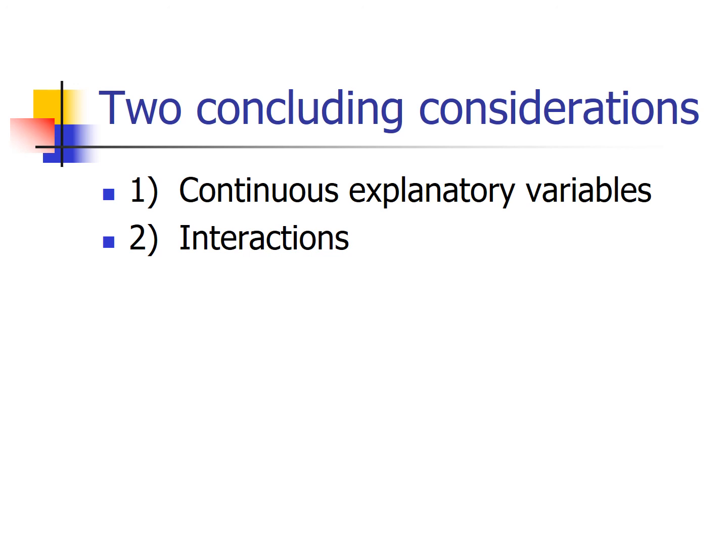And by doing that, we can use all of the cool stuff from 512 that we've already learned, such as model building principles, which tell us if a variable is not significant, get rid of it, but also tell us things like what interactions mean and how we can put those into our model, something we're going to talk about soon. And the other thing I want to talk about is what it looks like if we have continuous explanatory variables in a logistic regression model. So let's wrap up by talking about these two side topics.